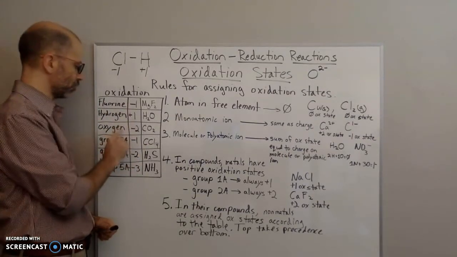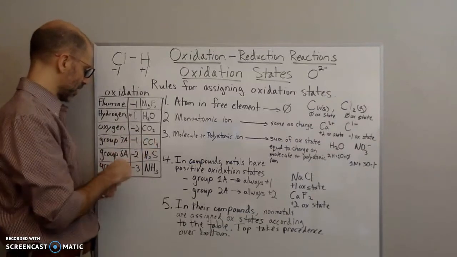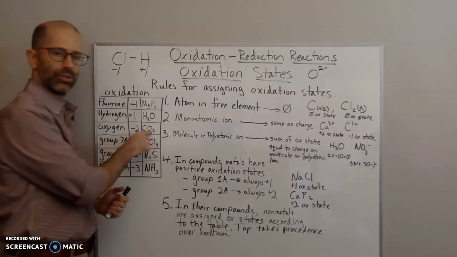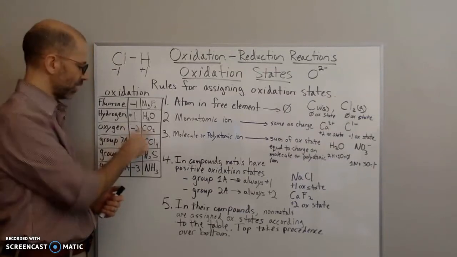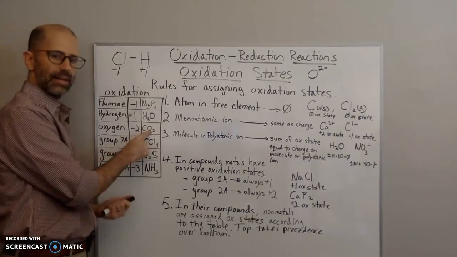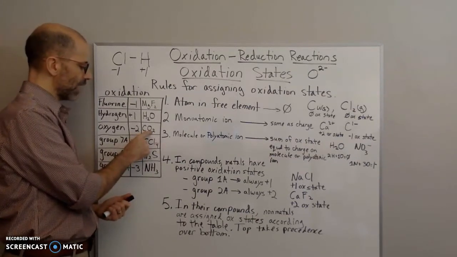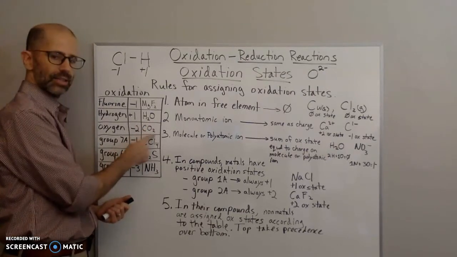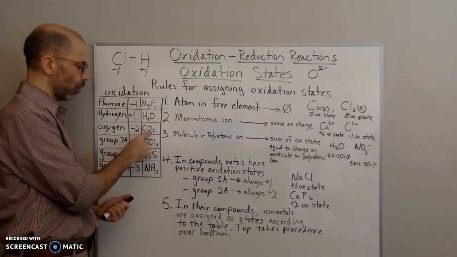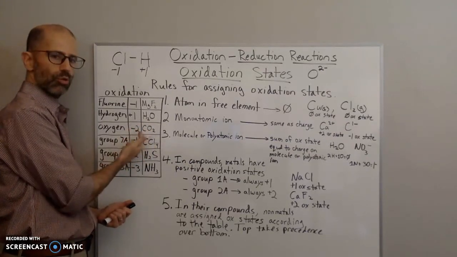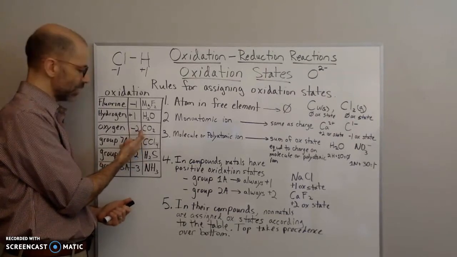So you would have to assign, for example, in carbon dioxide, oxygen would have to be assigned a -2 oxidation state. So since each oxygen has a -2 oxidation state, that means that the total negative oxidation state is going to be a -4, right? But the whole molecule is 0 because there's no charge on carbon dioxide.